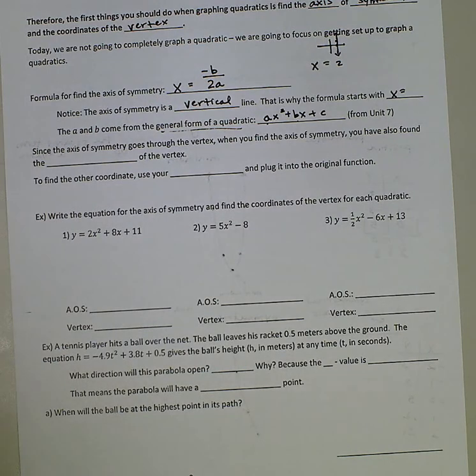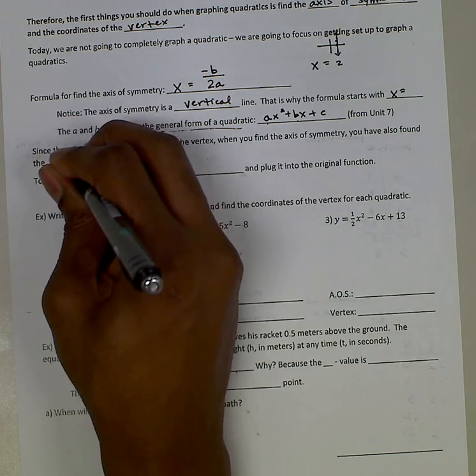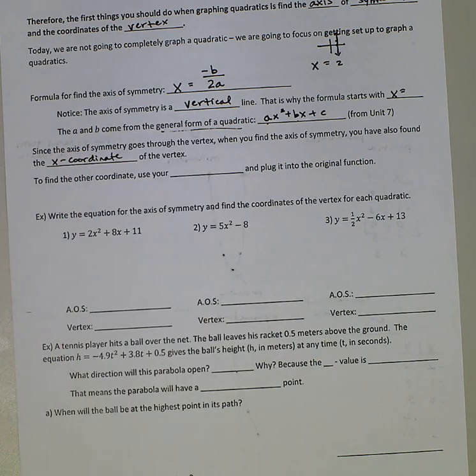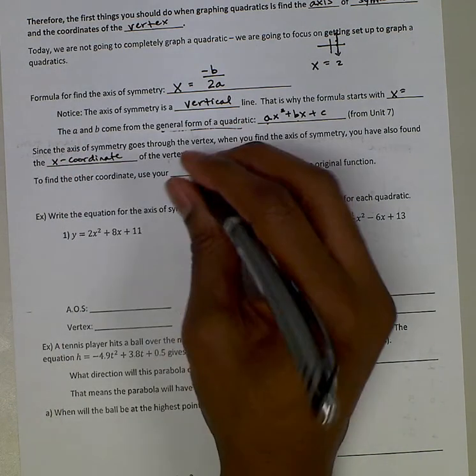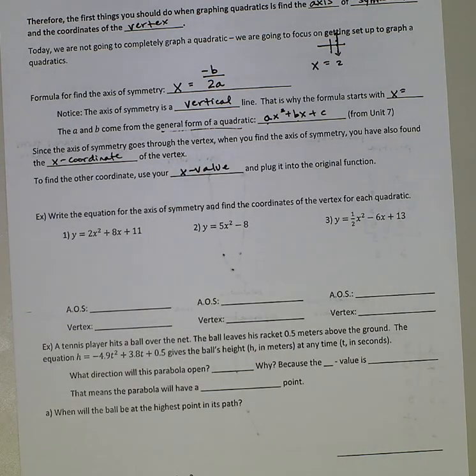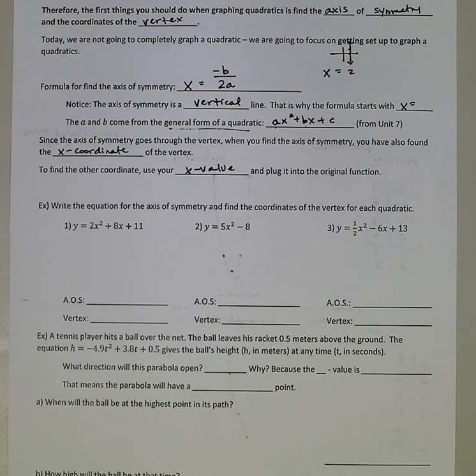Since the axis of symmetry goes through the vertex, when you find the axis of symmetry, you've also found the x-coordinate of the vertex. To find the other coordinate, plug your x value in and solve for your y value. If that sounds like a bunch of words, we'll put it into action in these next few problems.